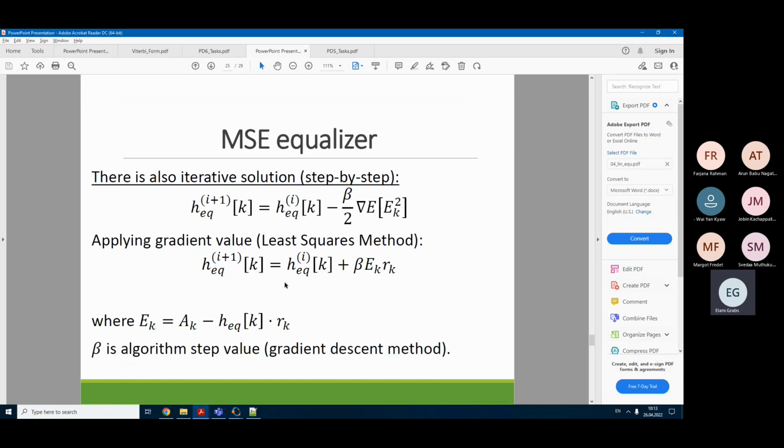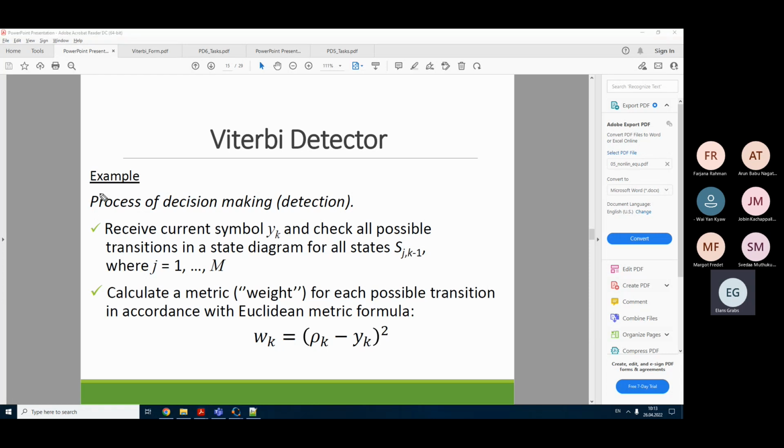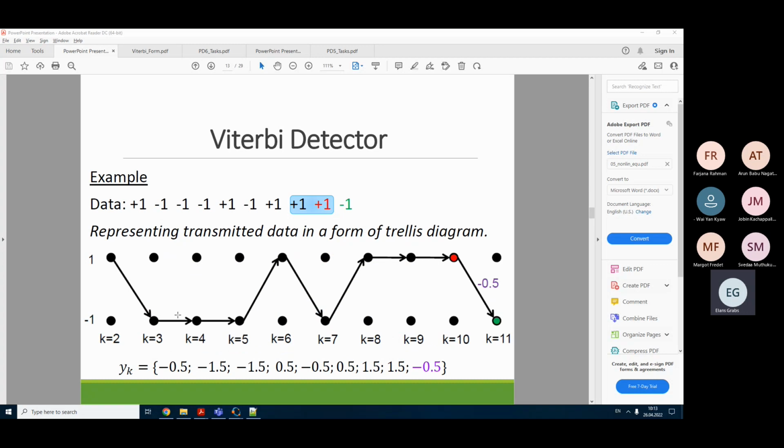Similarly, it will work here as well for the Viterbi algorithm. We will need to accumulate some received symbols to actually detect anything. And the detection process itself will go along a similar path. So we will try to find a similar path in our trellis diagram.